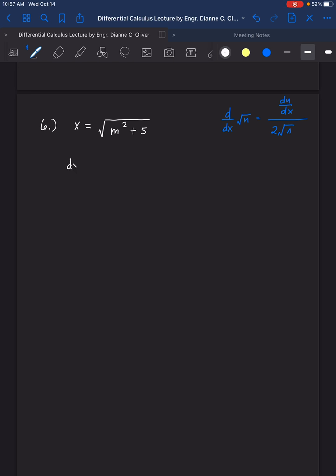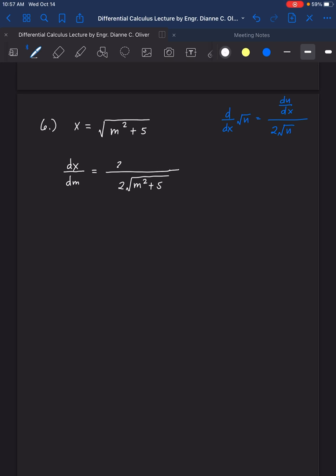So we have dx over dm, that is equal to the denominator. Let's just copy it, then put 2 on it. Then what is the derivative of the numerator, the derivative of the one inside the radical sign?